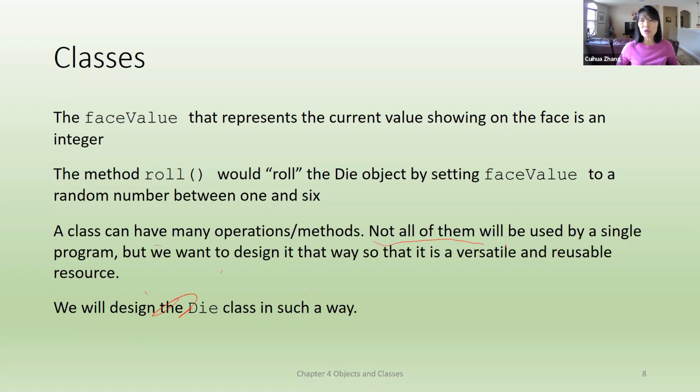Not all of them will be used by a single program, but we want, okay, this is more of a maintenance issue, but we want to design it in that way so that it is a versatile and reusable resource. So this means when we write a class, we don't want to limit ourselves to the current project.